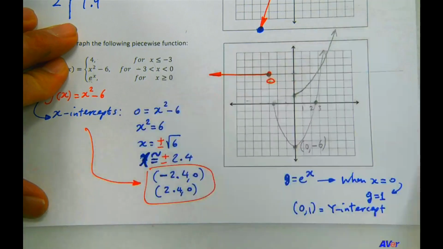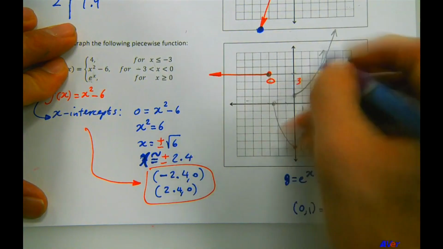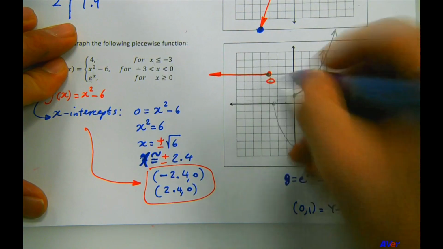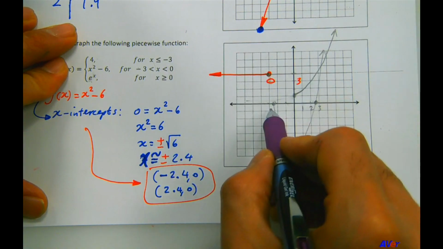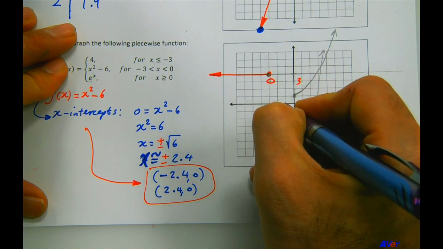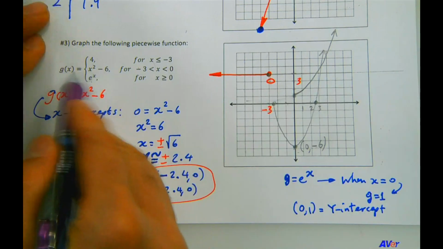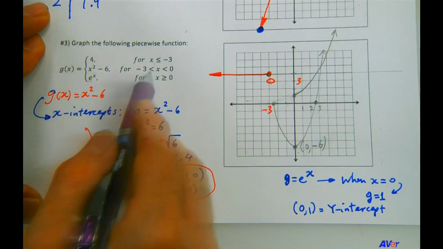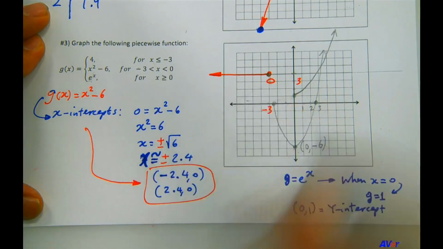So then this is positive 3, and it's a hollow circle, right above -3. Notice that with g of x equals x squared minus 6, x cannot be equal to -3. Therefore, we have a hollow circle.